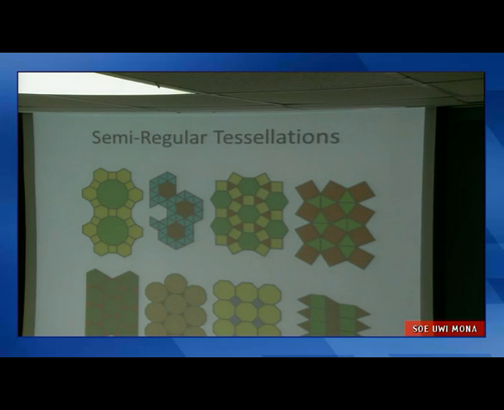So the different combinations that we can put together to make the semi-regular tessellations. And Adrian, it seems you'll have to add yours, or is it there? It's there? Yeah. First one looks like a stoplight to me. Traffic light, that's what you call it?